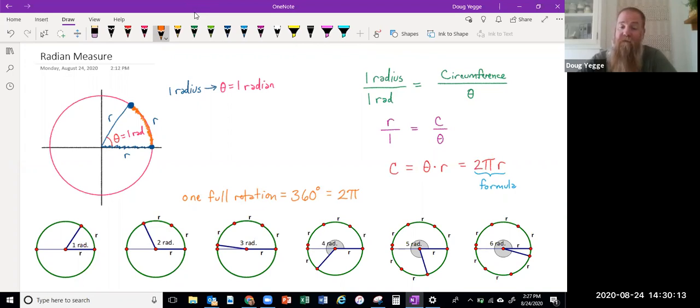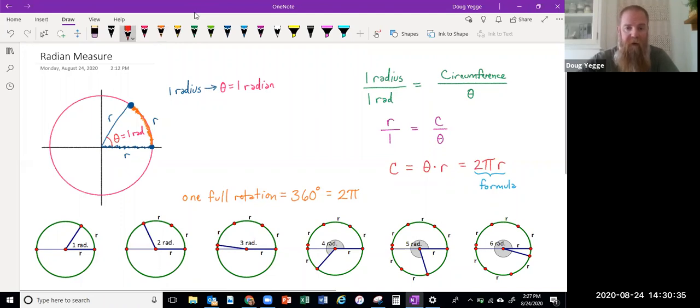Now one more very important relationship here: if 360 degrees, if one full rotation around, is 2 pi, then that must mean that half of a rotation is simply pi. But we also know that 180 degrees is 1/2 of a rotation.